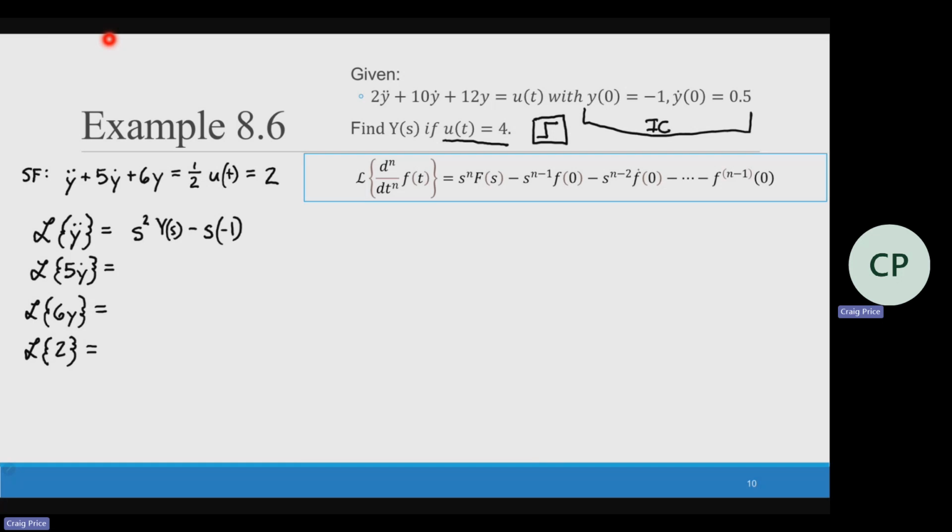You can look at that either way, whatever makes most sense to you. But we're still going to subtract it, so it's going to be minus 0.5. And so I can write this as s squared y plus s minus 0.5.